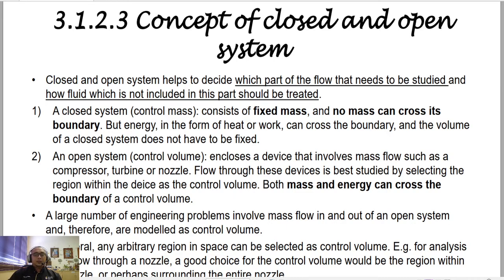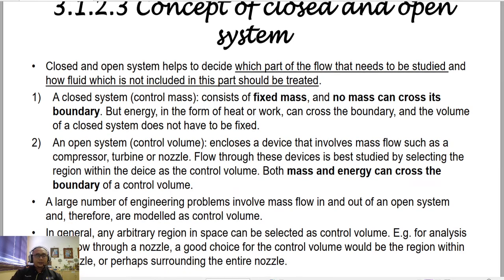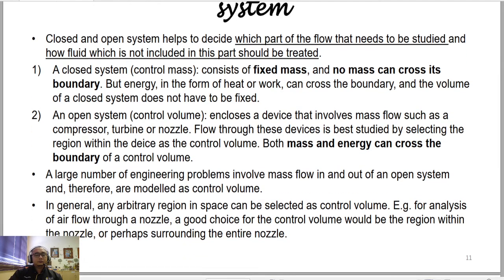Okay, nanti kita akan lihat apa yang dimaksud dengan open system. In general, any arbitrary region in space can be selected as a control volume. For example, for analysis of airflow through the nozzle, a good choice for the control volume will be the region within the nozzle or perhaps surrounding the entire nozzle.